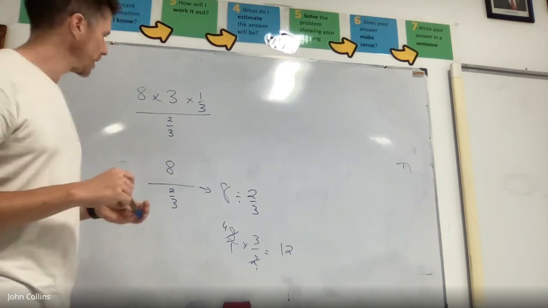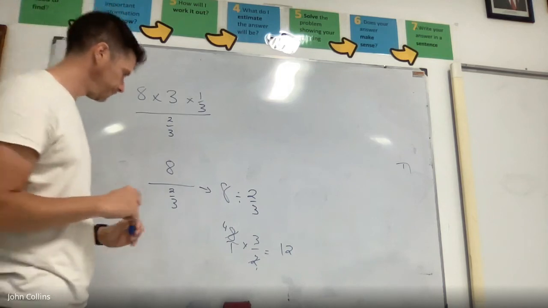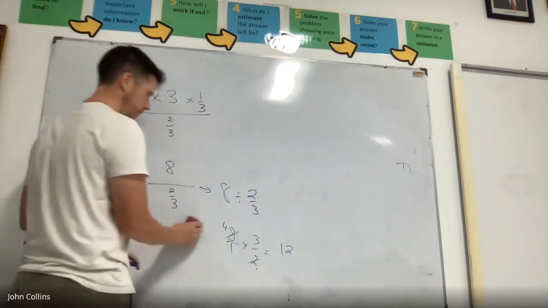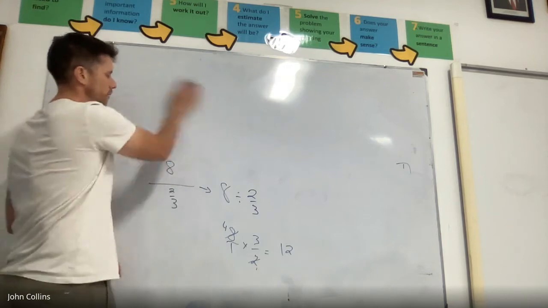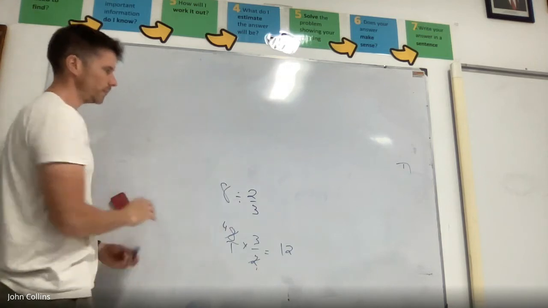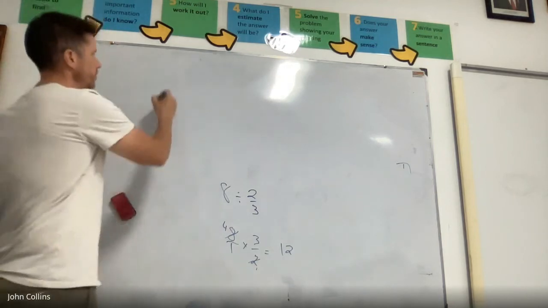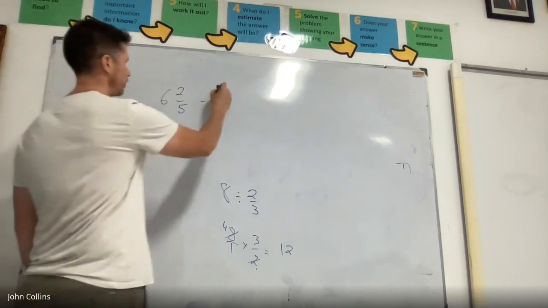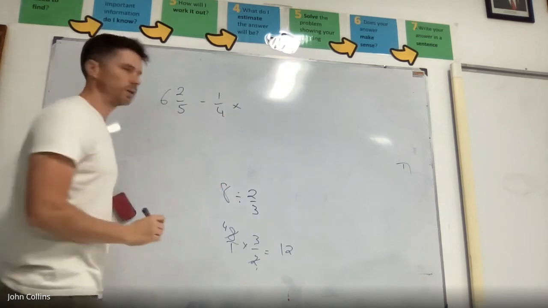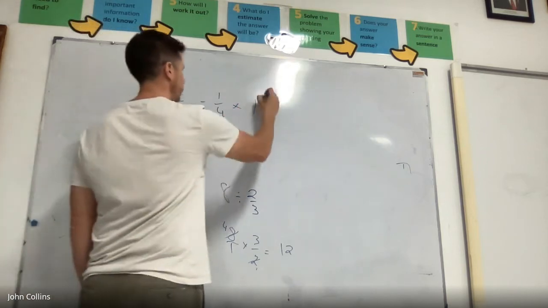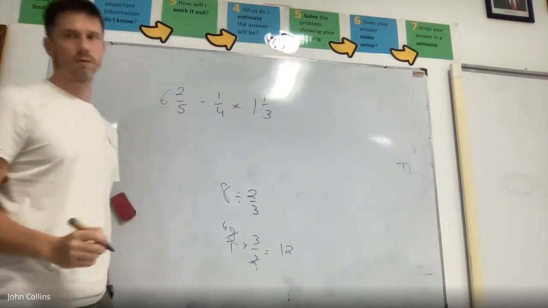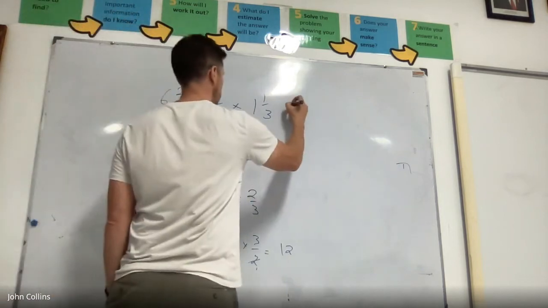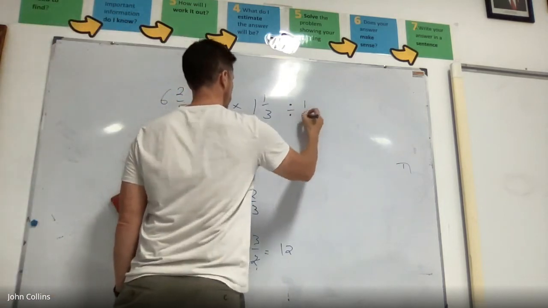And we'll do the last one, which is definitely the trickiest one, before I set you off on your way to do your work. Okay, so the last question was 6 2/5, take away 1/4, multiplied by 1 1/3, divided by 1/6.